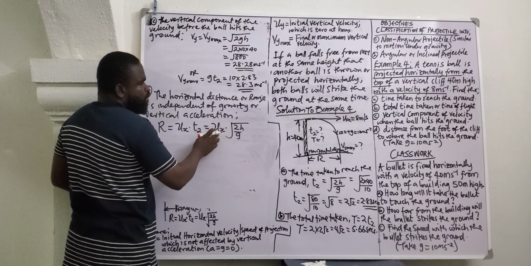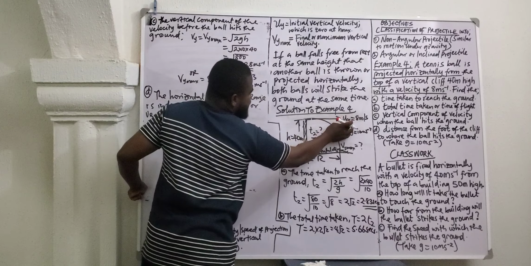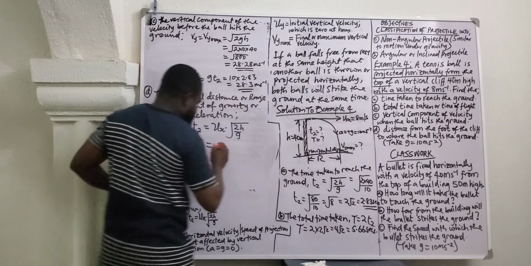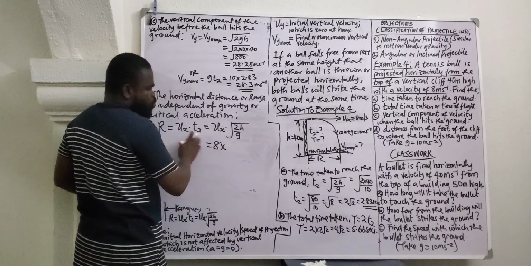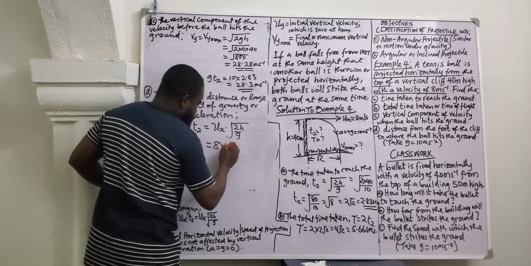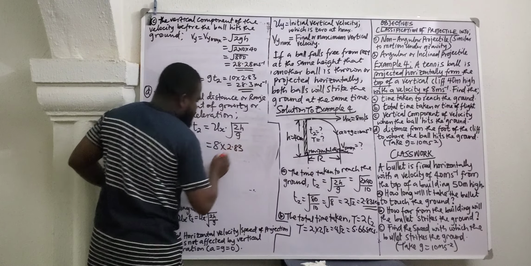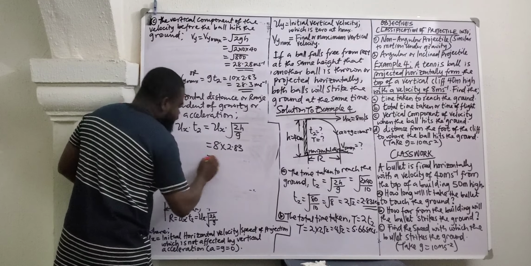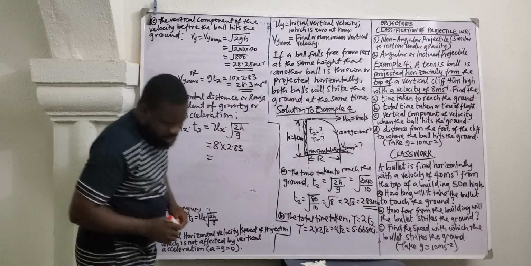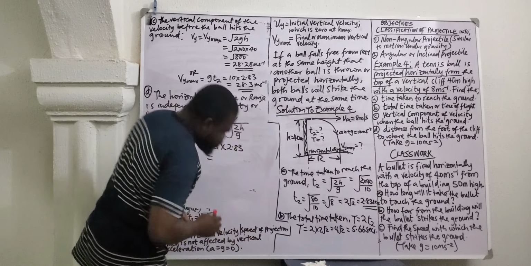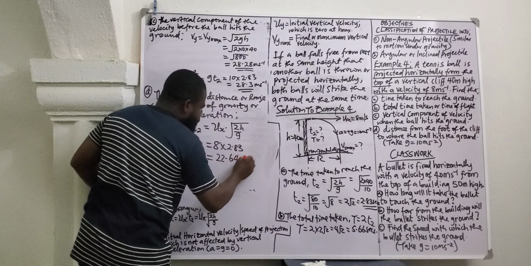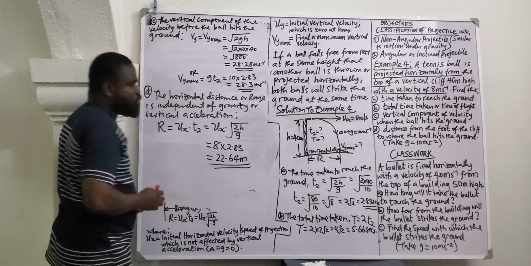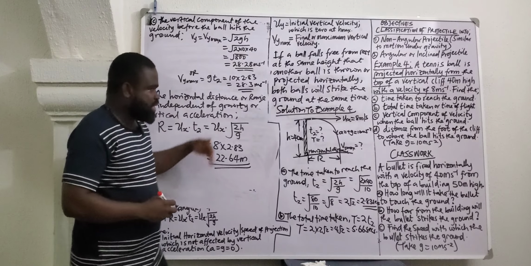This horizontal initial velocity of projection, 8, is where we make use of it, multiplied by T2, which we have calculated as 2.83 seconds. When you multiply it, you will have a value of 22.64 meters.